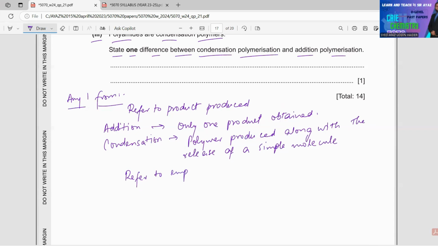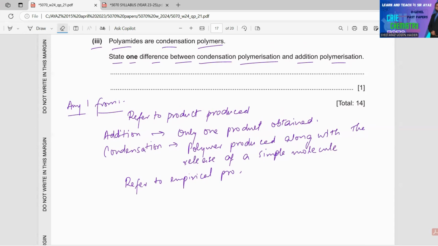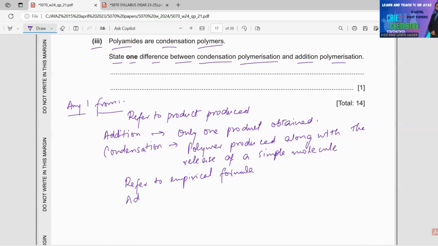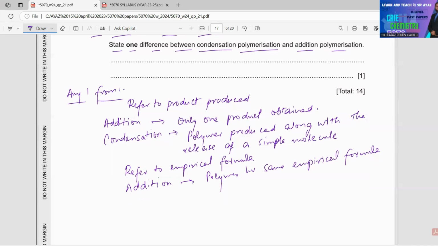In the case of addition, the polymer and monomer have the same empirical formula.